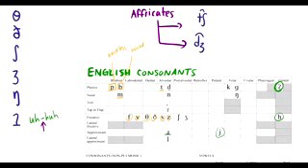Over on the left here, I'm going to give you some examples of words with these sounds. This theta as in think, this eth as in although, this sh or this integral sign makes the sh sound, so we have ship.